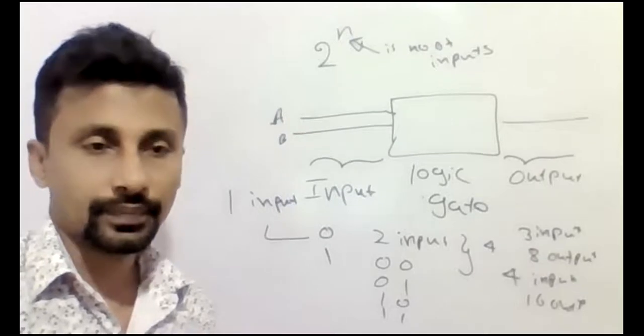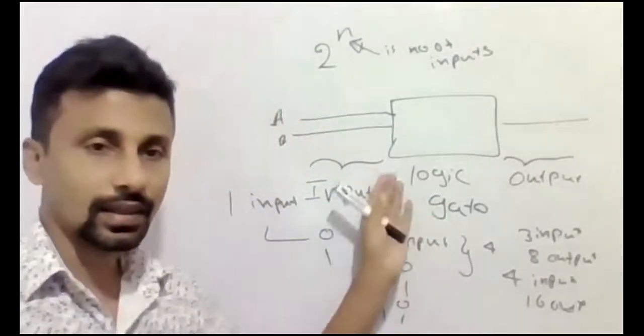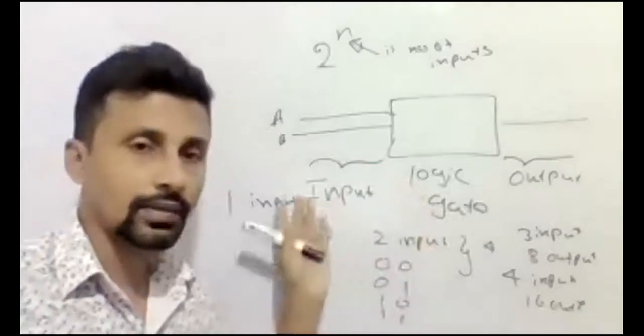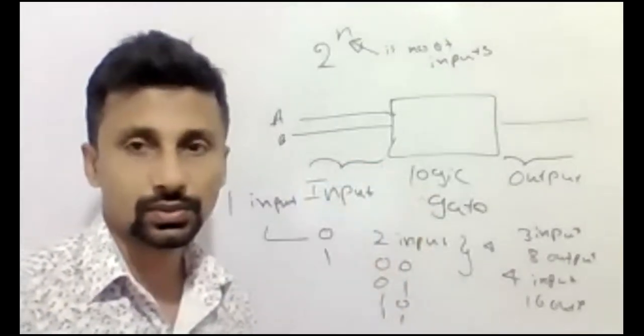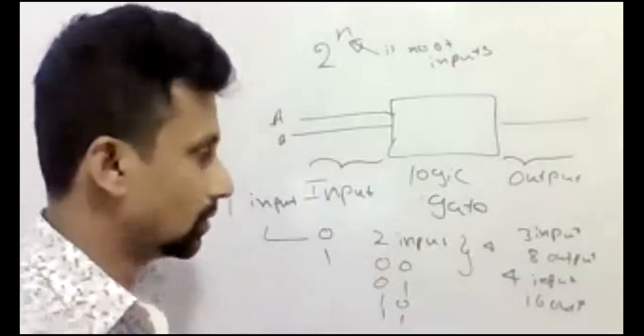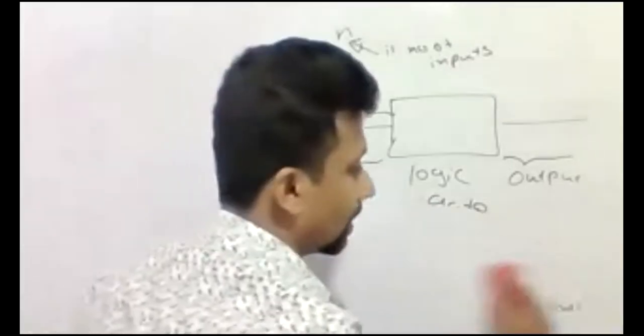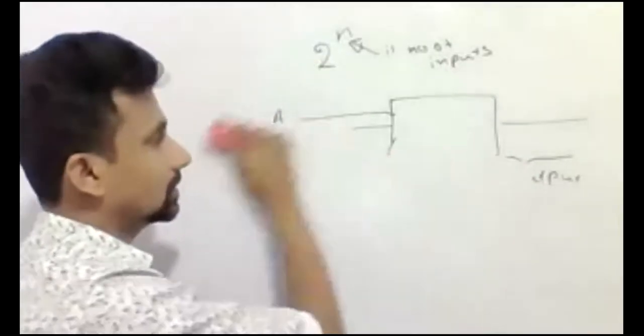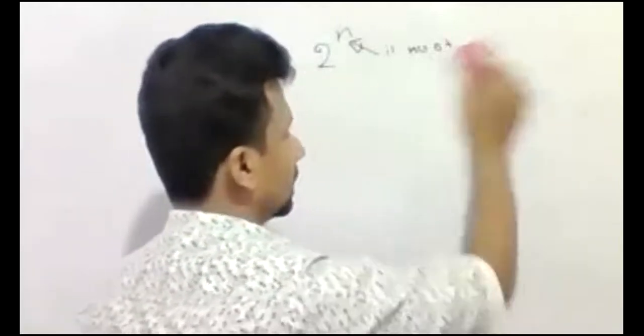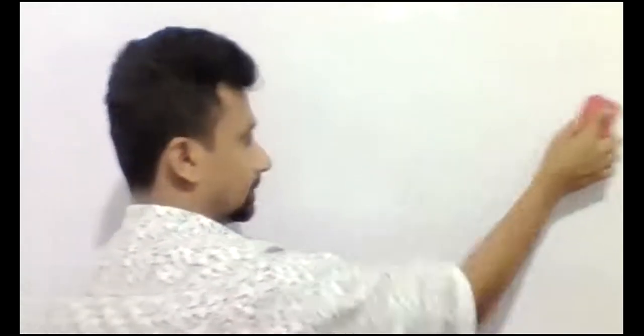Okay, so we'll see what logic gates are coming here and what patterns we can represent. Remember, you have to memorize all these logic gates, their symbols, patterns, truth tables, and circuits.